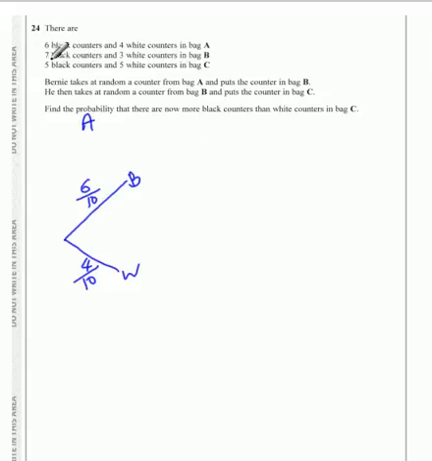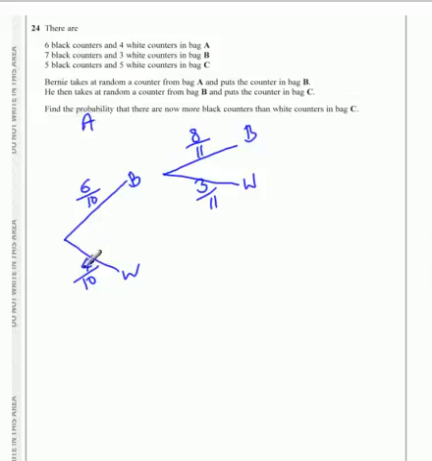So what that means is instead of having 7 black ones in bag B, we've now got 8 black ones in bag B. So the probability that we take out a black one from here isn't going to be 7, it's going to be 8. And there's not 10 in this bag anymore, there's now 11. So it's 8 out of 11, 3 out of 11 for the white.